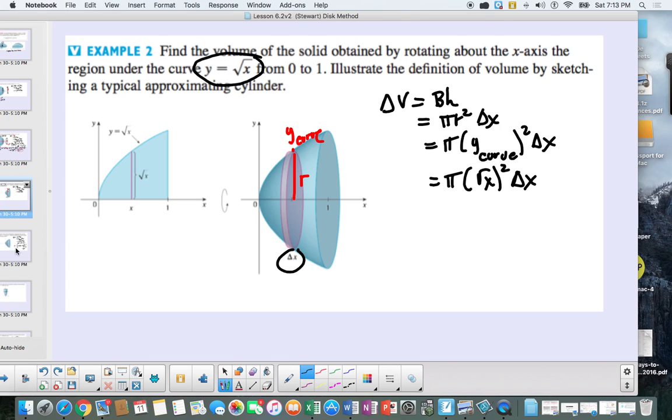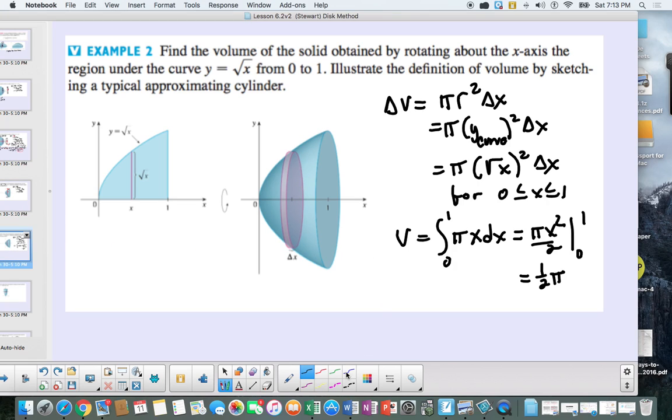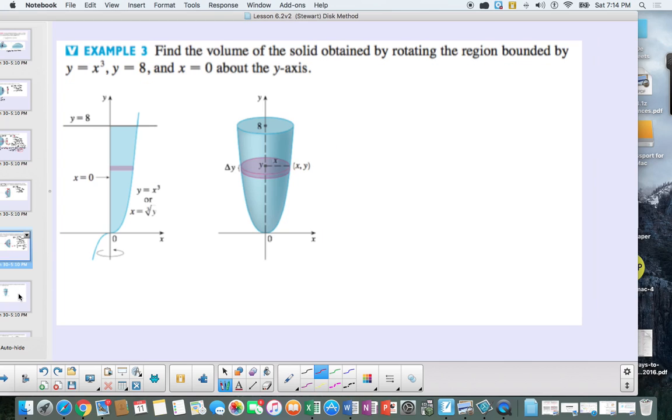Let's move on to the next slide so you can see how I finish the problem. And I go on to the integral, and I integrate with respect to x, so I go from 0 to 1, and I find my answer.